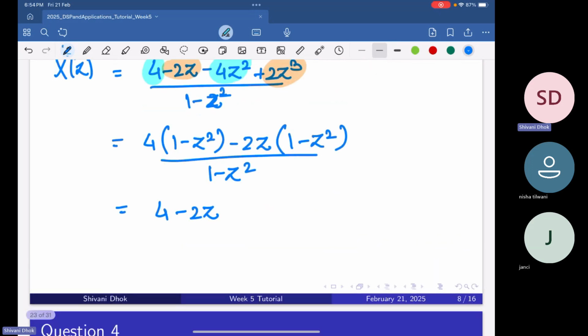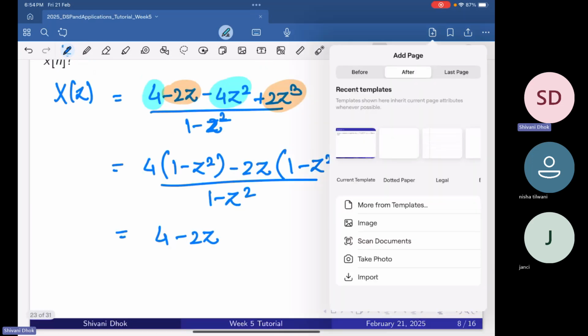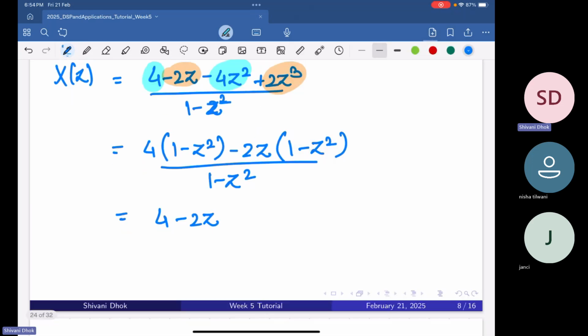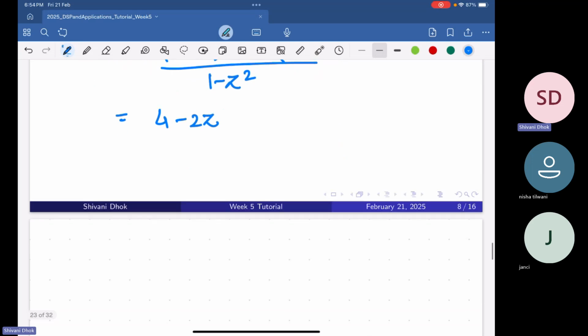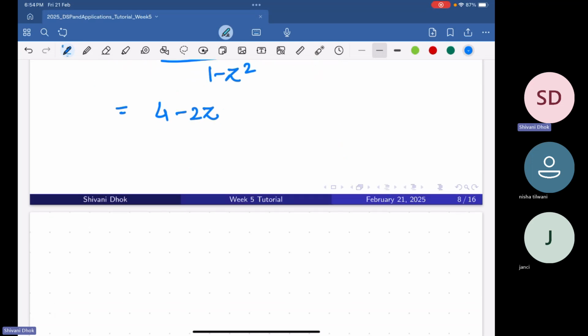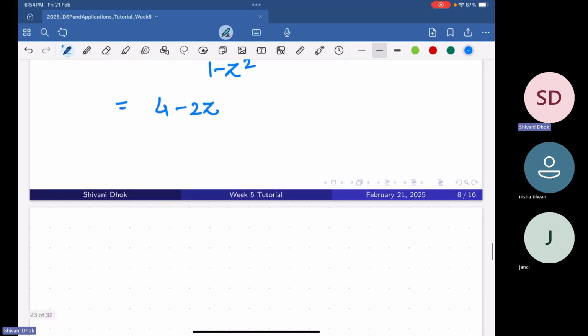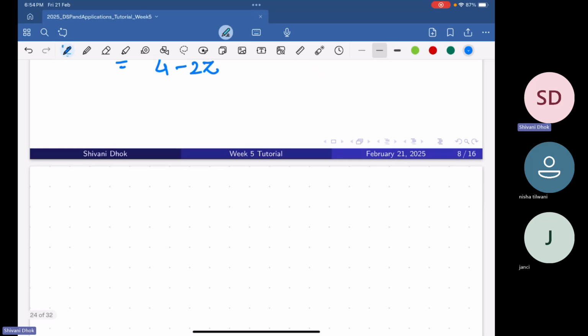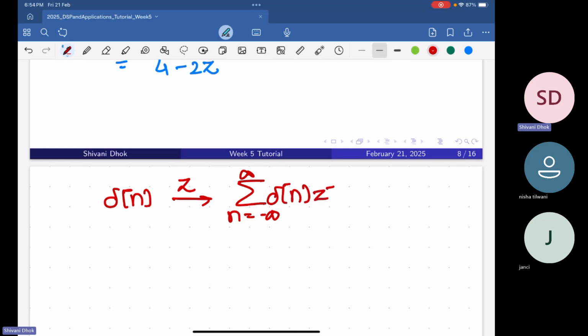Now we need to find the inverse z transform of this signal. In order to figure out what z transform this has, I will introduce the z transform of another important signal, that is the unit impulse. If I have a unit impulse signal here, its z transform is given by summation n running from minus infinity to infinity of delta(n) z to the power minus n.